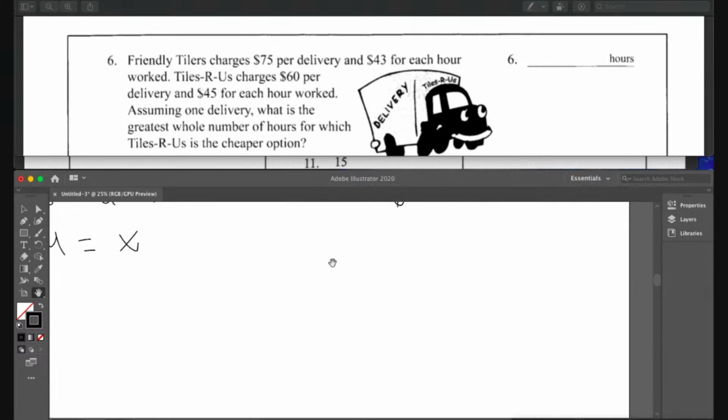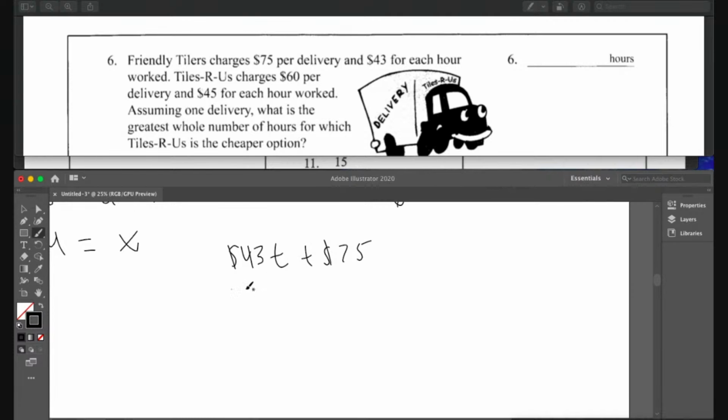So you can put the money that they charge as a model of time, and it's just going to be a linear equation. For Friendly Tilers, they charge $43 per hour worked, and let's say the number of hours they worked is t, and they also have a $75 delivery charge.